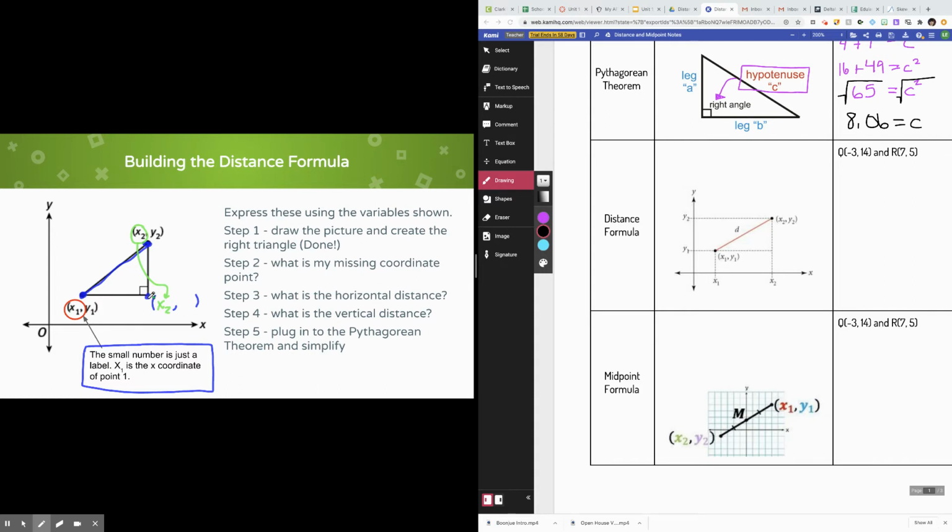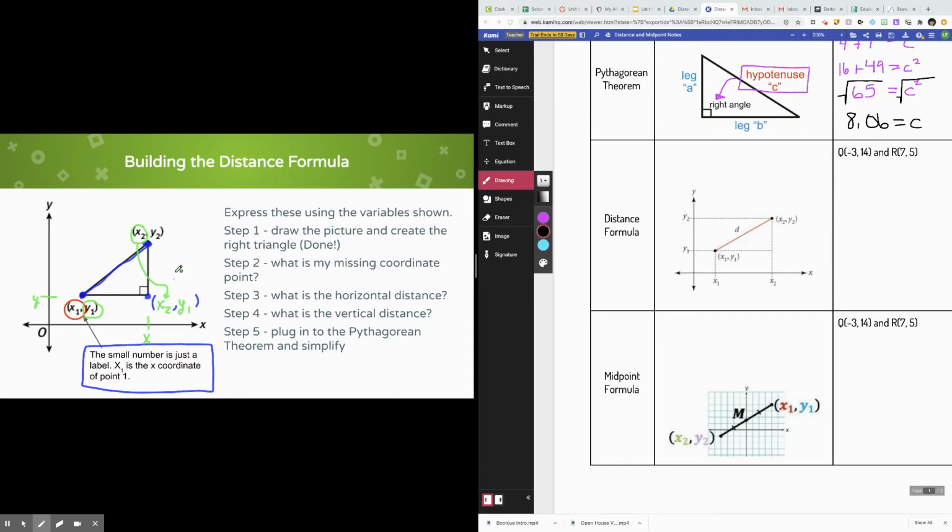This point has the same y value as this point right here because they're right next to each other. The new point that I drew in hasn't gone up or down at all. It's exactly to the right of my x1, y1 point. So this has the y value y1.